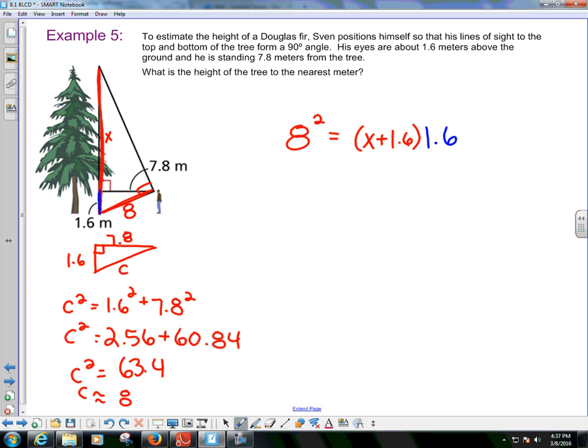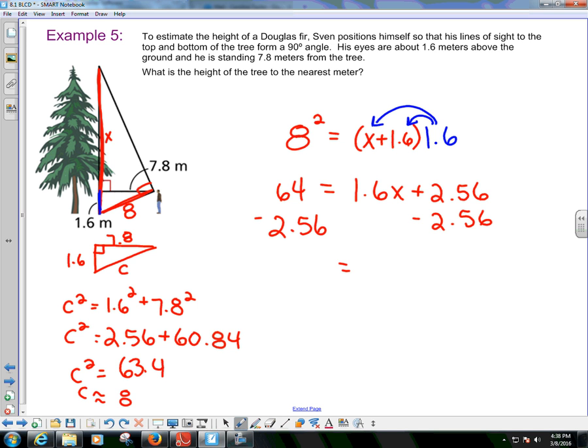All right, so I'm going to distribute this into my set of parentheses. 8 times 8 is 64 equals 1.6x plus 1.6 squared. I already calculated that 1.6 squared was 2.56. I need to subtract 2.56 from both sides. All right.